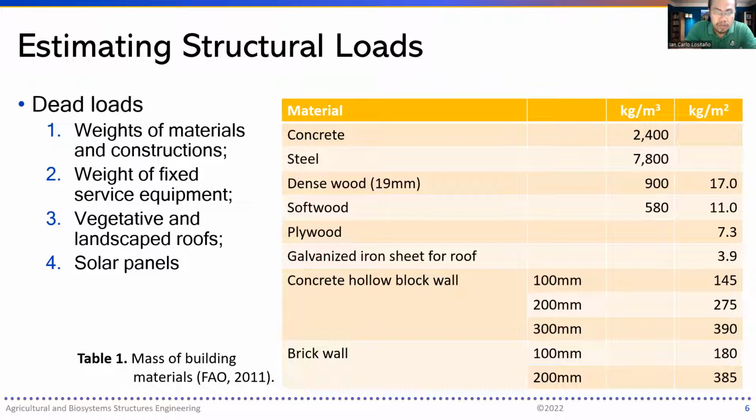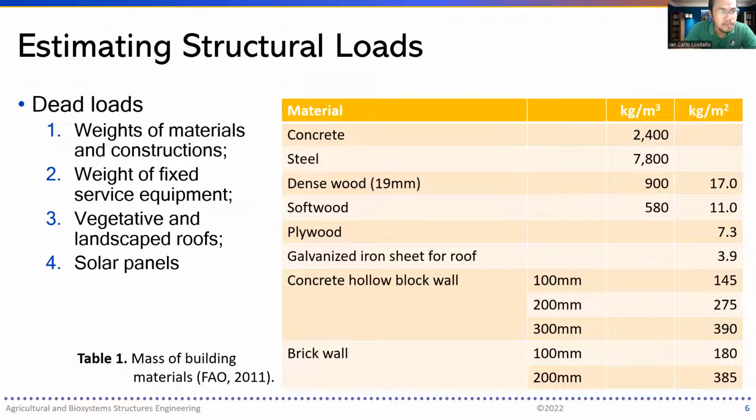For concrete, you have a density of 2,400 kilograms per m cubed, and steel is 7,800 kilograms per m cubed. Then you have softwood, plywood, galvanized iron sheet for roofing, concrete hollow block depending on the size, and brick wall. These are in kilograms per m squared.